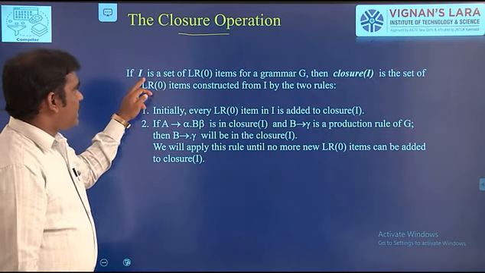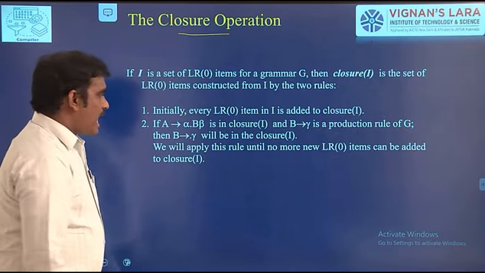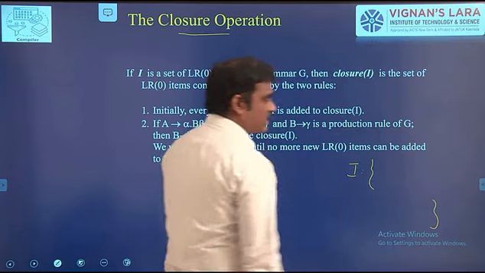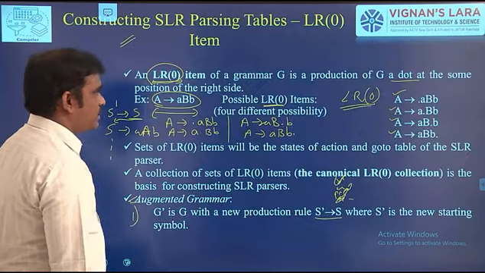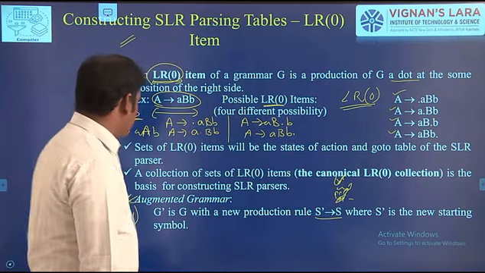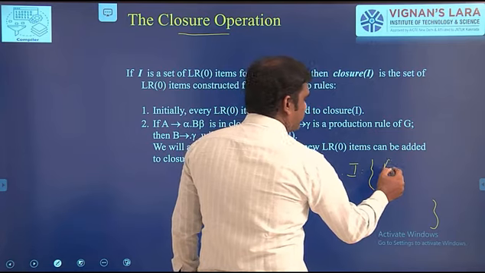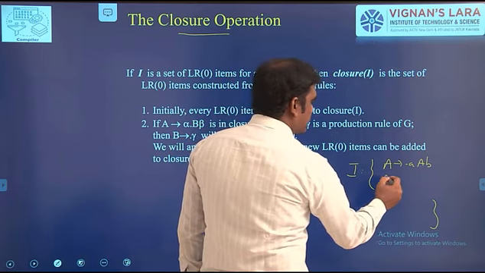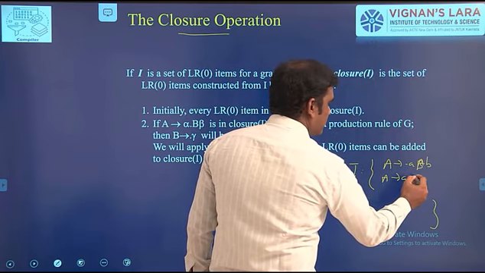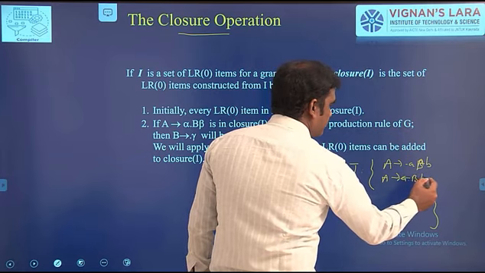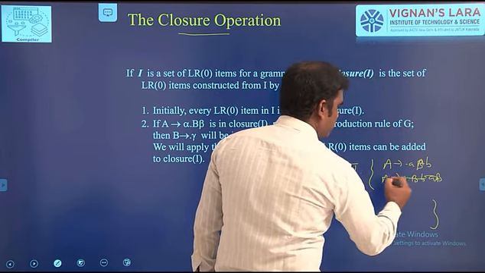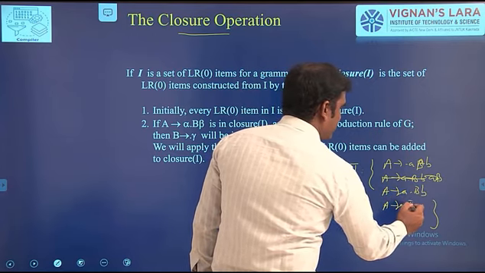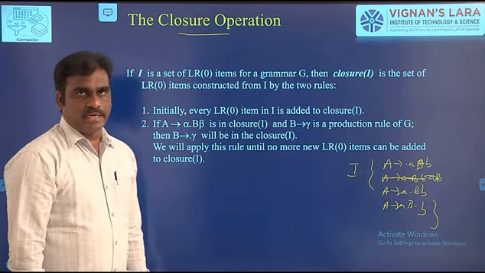See, if I is a set of LR(0) items, I means nothing but some productions like LR(0) items, for example A to dot AAB, next A to A dot BB, next A to AB dot B. So these are LR(0) items.